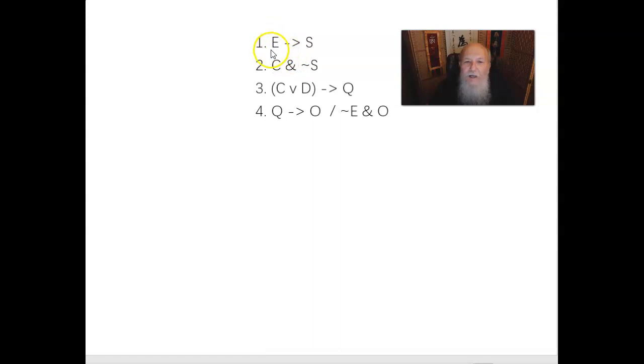How could I get a not E? Well, here's an E then S, and if I had a not S, I could get a not E. Well, I can get a not S, so let's make a start. So I can get not S, and I got that from line 2 by simplification.